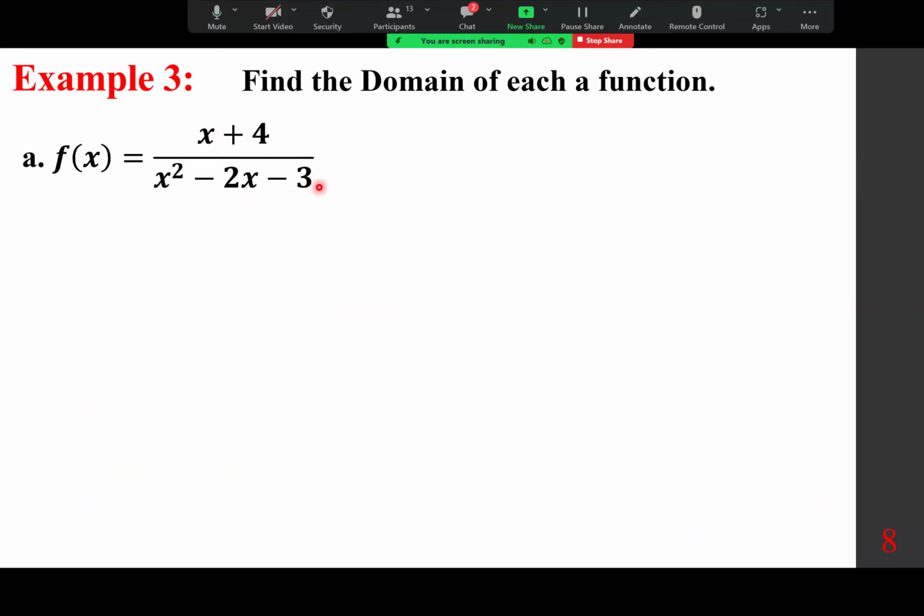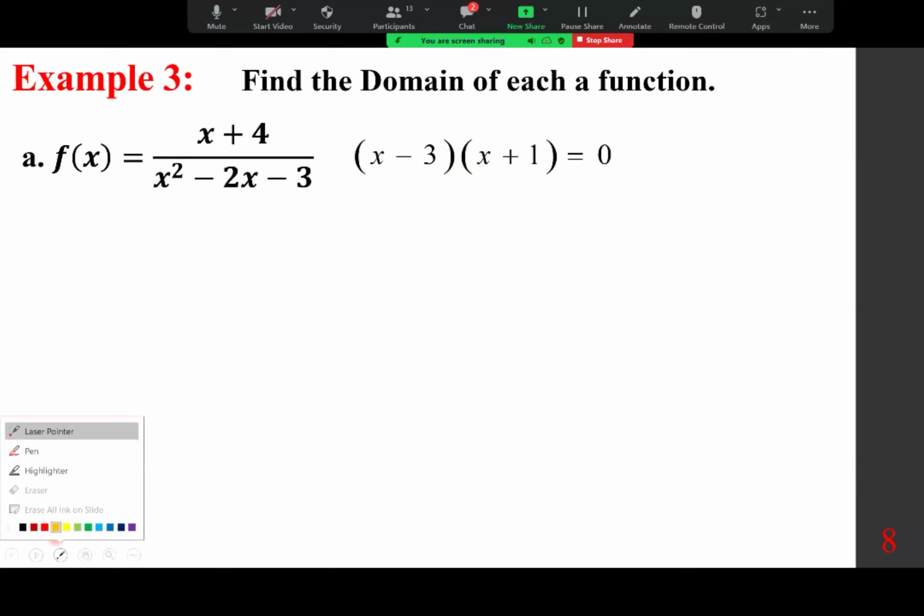To do so, we are going to factor this into x minus 3 times x plus 1, because the two numbers have a product of -3 and a sum of -2. So set this equal to 0 by factoring. x is either 3 or -1.